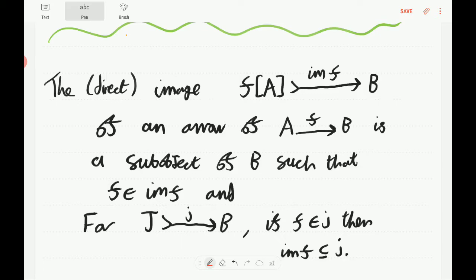And so we define the direct image of an arrow f from A to B as a subobject of B, which we call Im f.